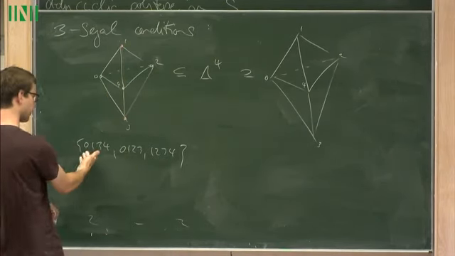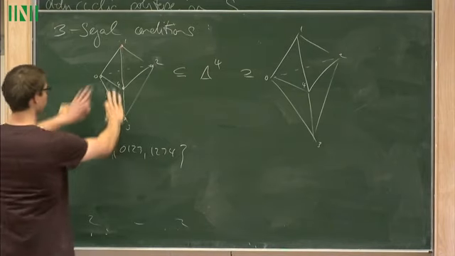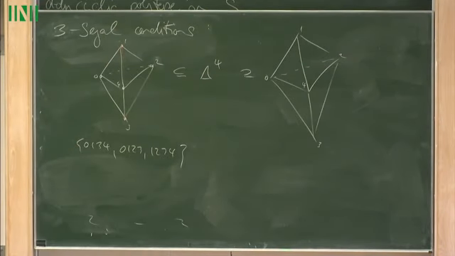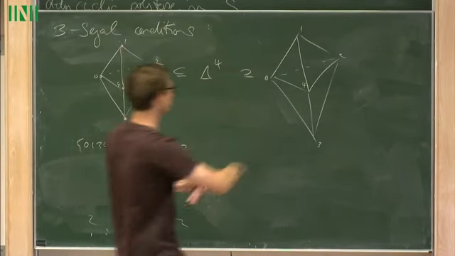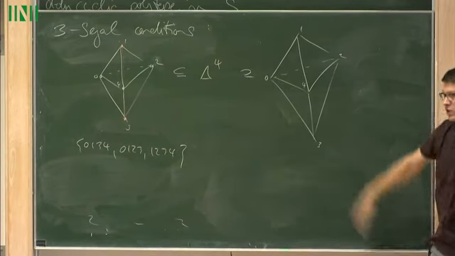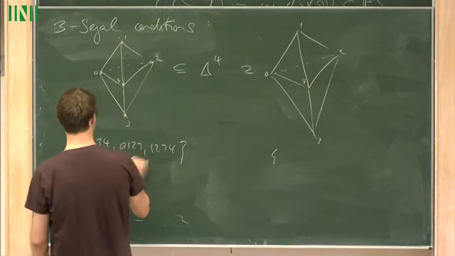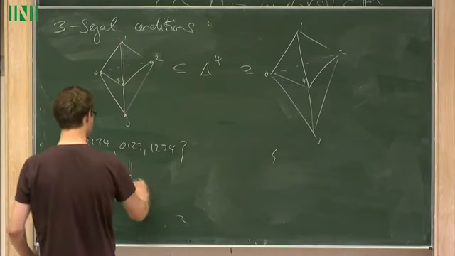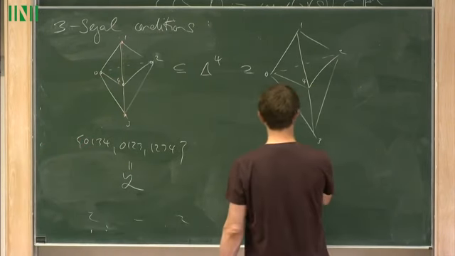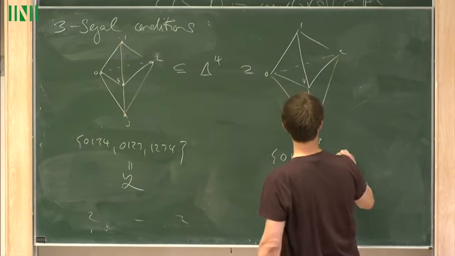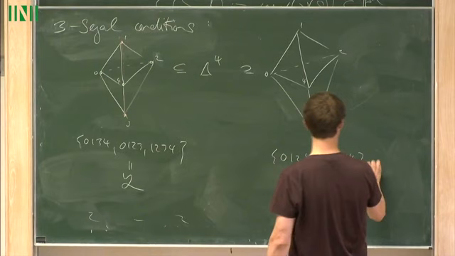So you see they all have the common edge 1, 3. So those 3 simplices wrap around this kind of vertical diagonal. And then in this case, it's just the 2 simplices which I used to glue this guy together. So this would be the lower triangulation, and then the upper triangulation would be 0, 1, 2, 4, and 0, 2, 3, 4.